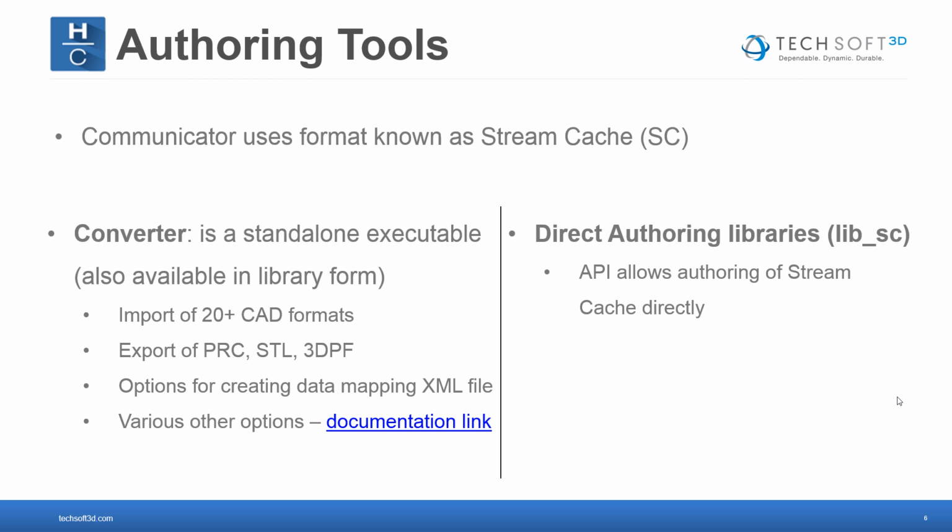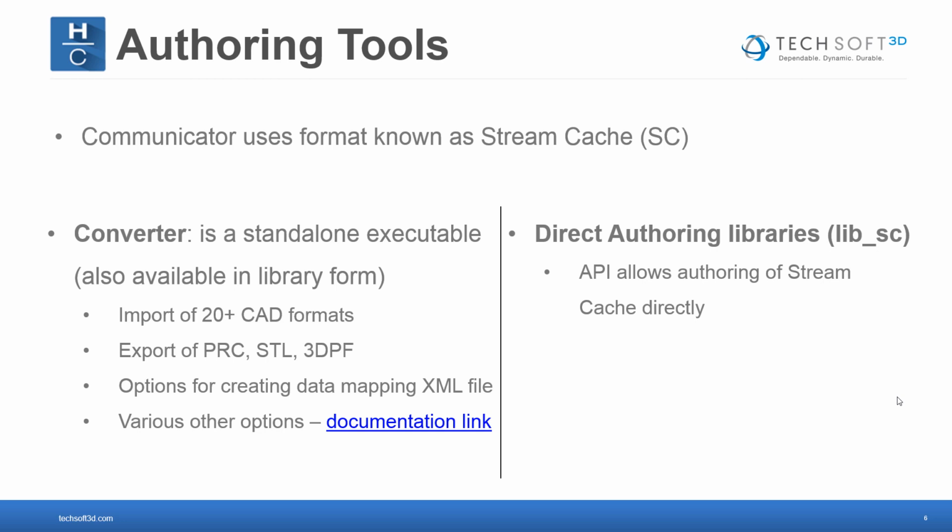The second option for making SC files is using the libsc library. This is a C++ library that you link into your own application to create SC files. And tomorrow we'll do a little bit of exercises along with that.